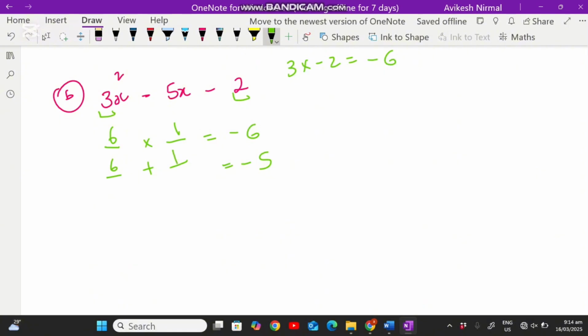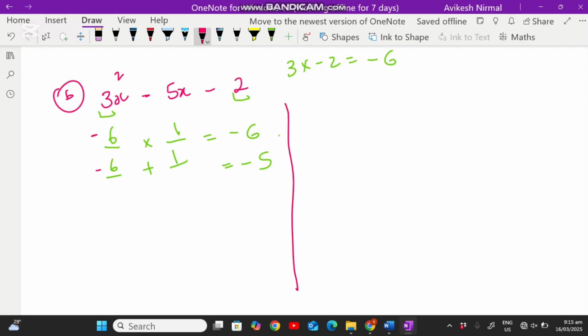So if I add a minus to the 1, now 6 times minus 1 gives me a minus 6, and 6 plus minus 1 gives me a positive 5. So that is also not accurate, but if I add a minus to the 6, then negative 6 times 1 gives me a negative 6, and negative 6 plus 1 gives me a negative 5. So this works.